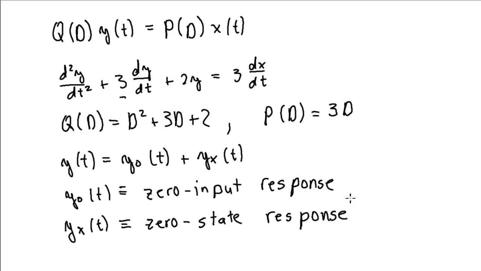In most engineering problems, it's easier to separate the output into a zero input response and a zero state response. Later on in the course, we'll be concentrating on the zero state response, the portion of the total response that's due to the input, and this will actually lead to our transfer function.